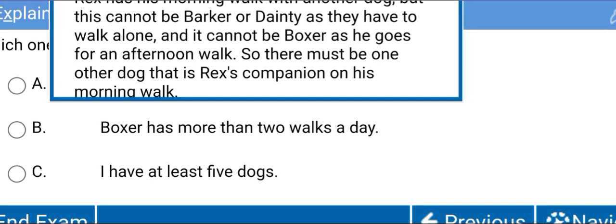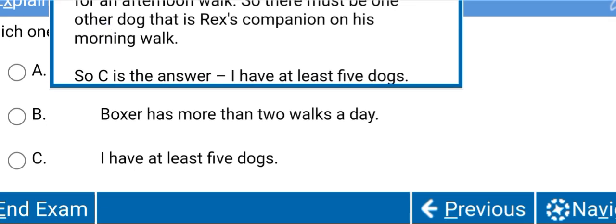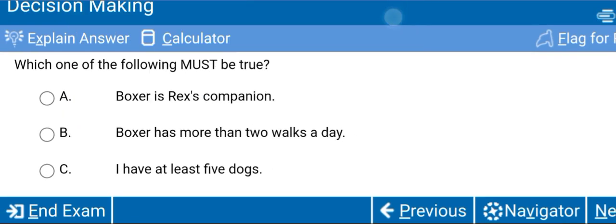So there must be one other dog that is Rex's companion on his morning walk. So this is the reason we can say that C is the correct answer.